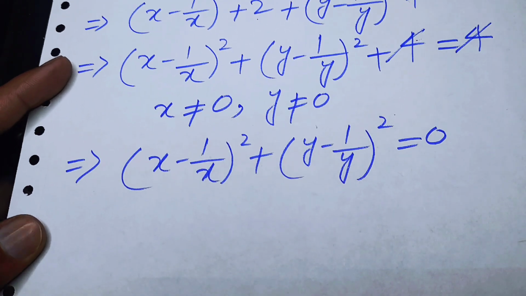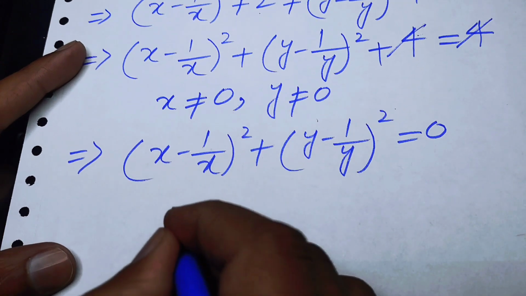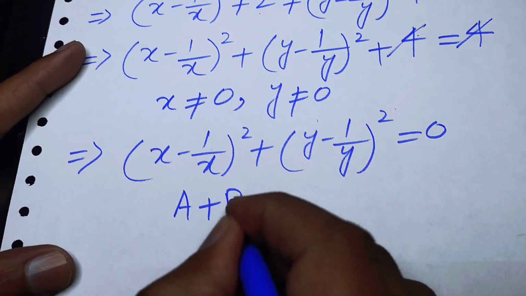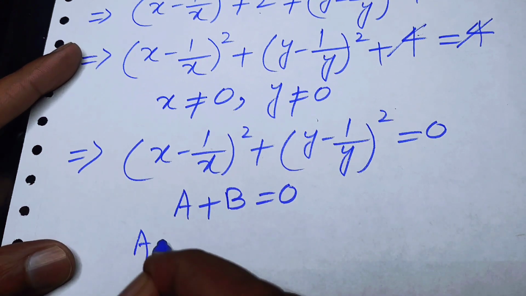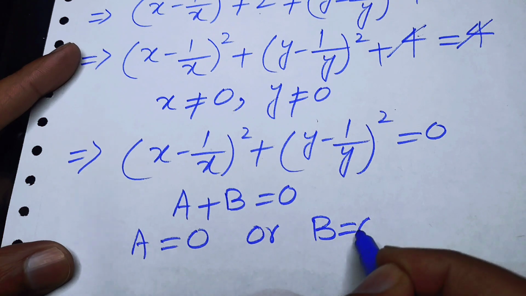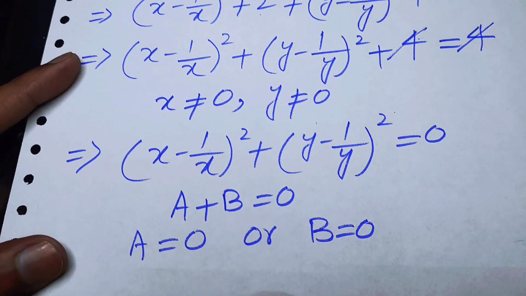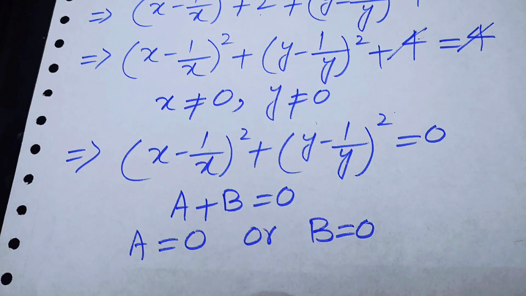Now you can apply the famous addition rule: if we have a plus b is equal to 0, then a is equal to 0 or b is equal to 0. So we just write that these both terms are equal to 0.